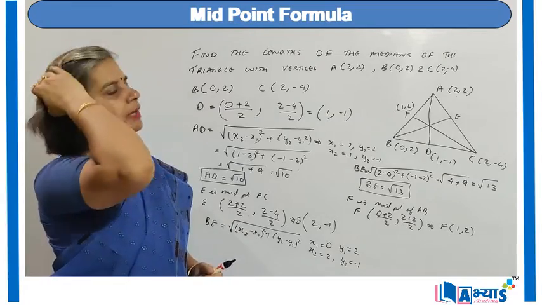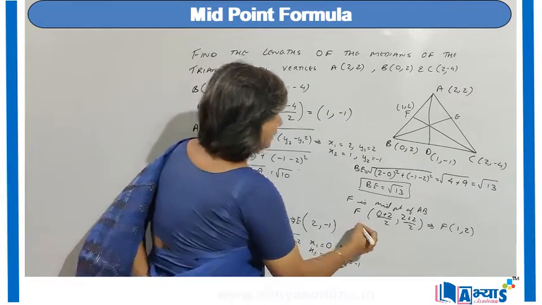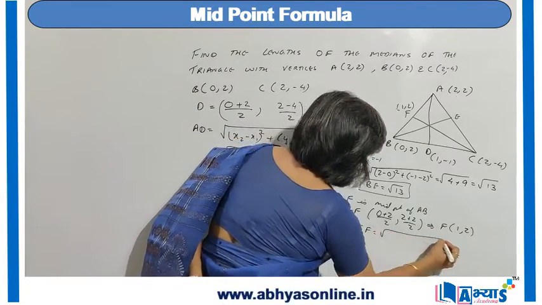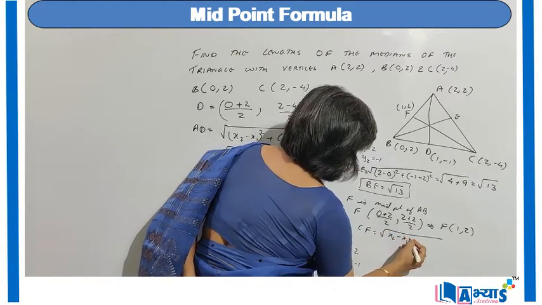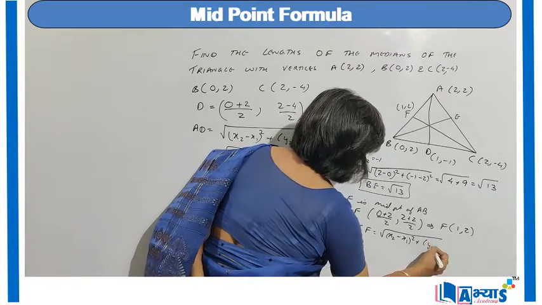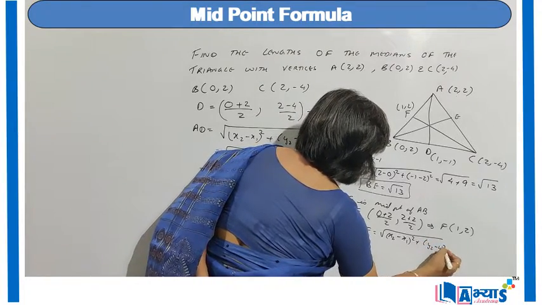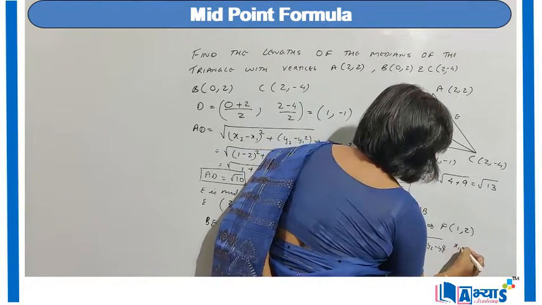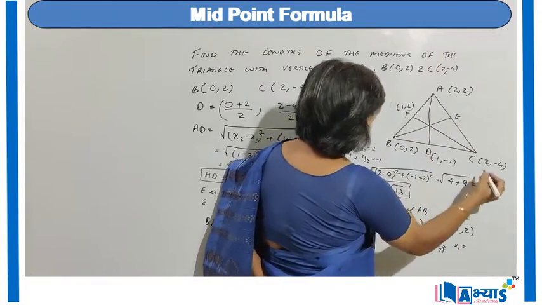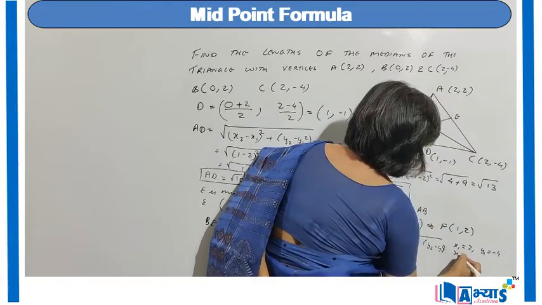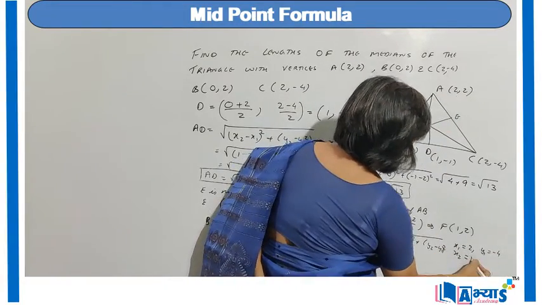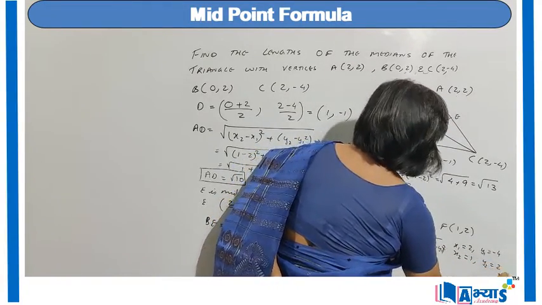Now we will try to find the length of CF. Length of CF will be equal to the square root of (x2 minus x1) square plus (y2 minus y1) square, where x1 is equal to 2, y1 is equal to minus 4, x2 is equal to 1 and y2 is equal to 2.